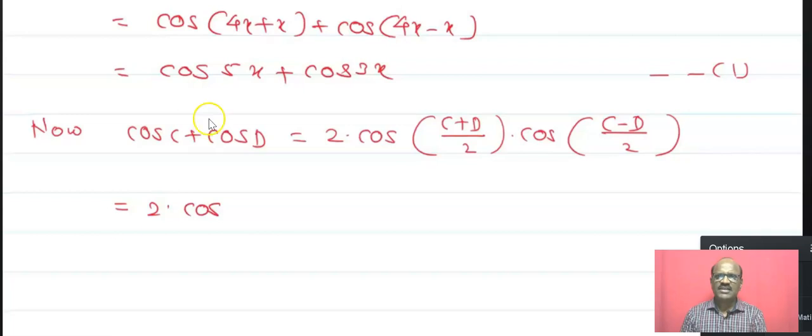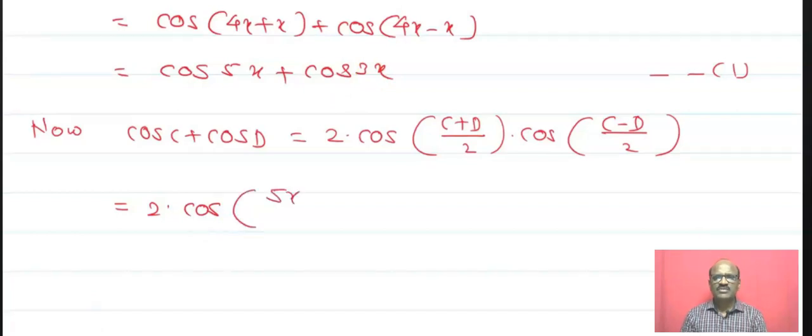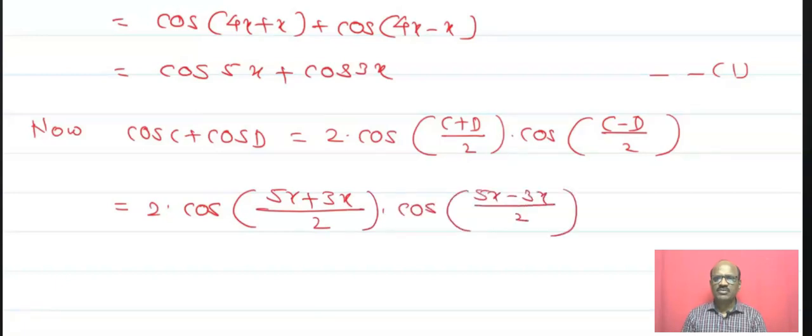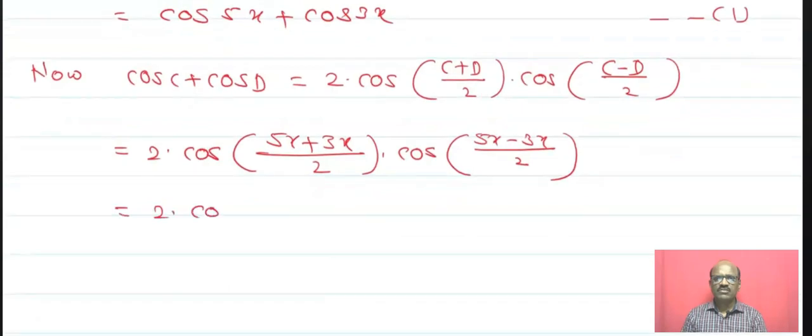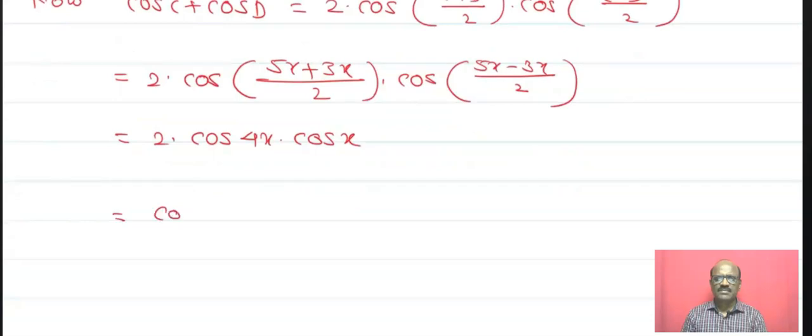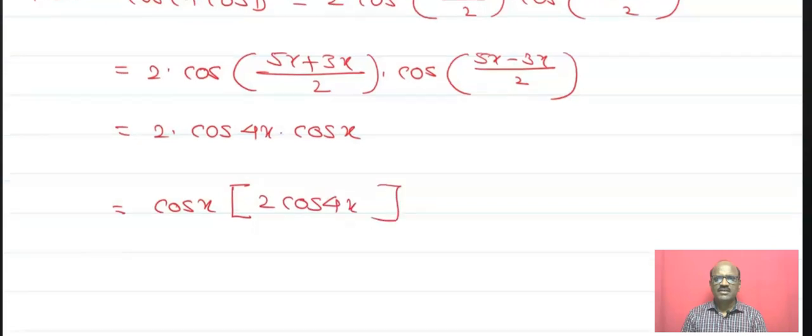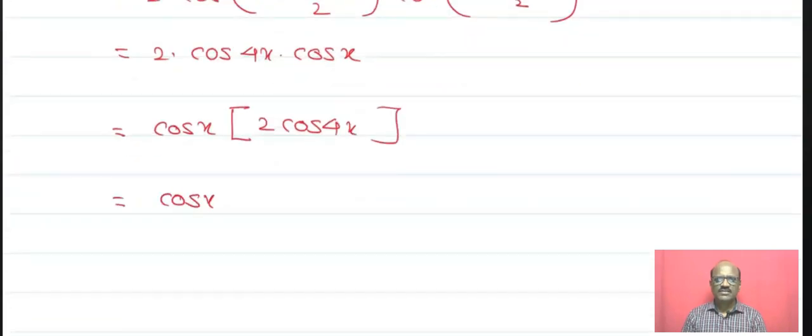Earlier we applied the formula for 2 times cos A into cos B, which is a multiplication. Now here we will apply the cos C plus cos D formula. Here C means 5x and D is 3x. That is 2 times cos of 5x plus 3x upon 2 and cos of 5x minus 3x upon 2. Therefore 2 times cos of 8x upon 2 means 4x, and cos of 2x upon 2 means cos x. That is cos x into 2 times cos of 4x.